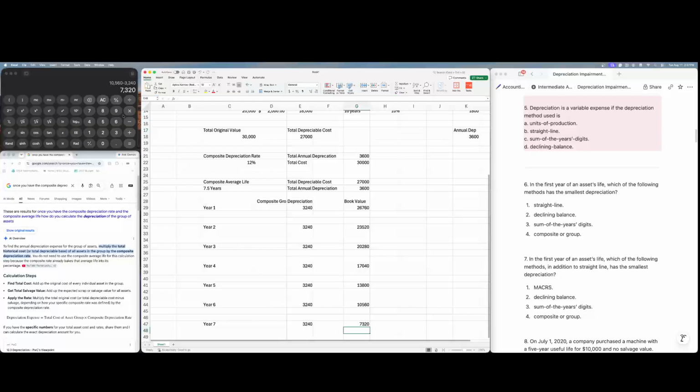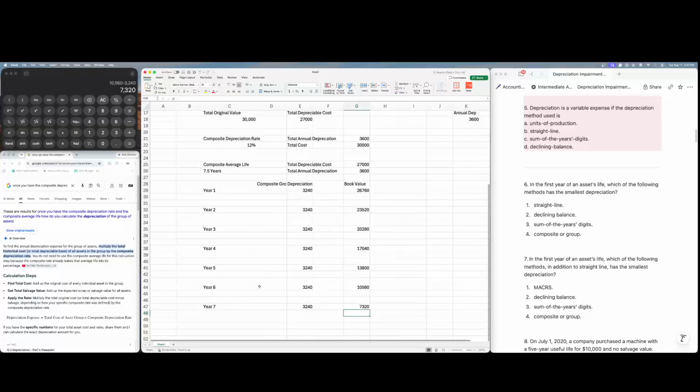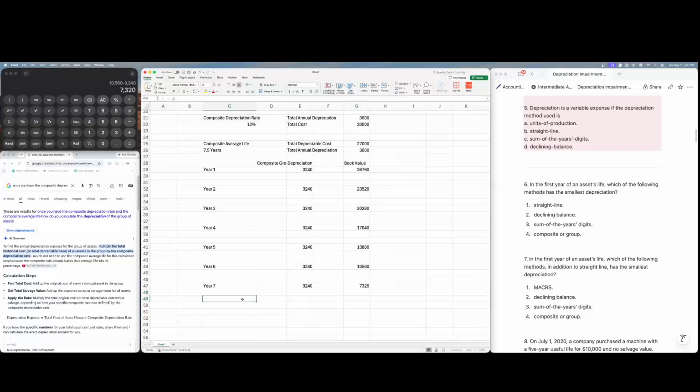And a half. There's half of a year of depreciation. So year 7.5.